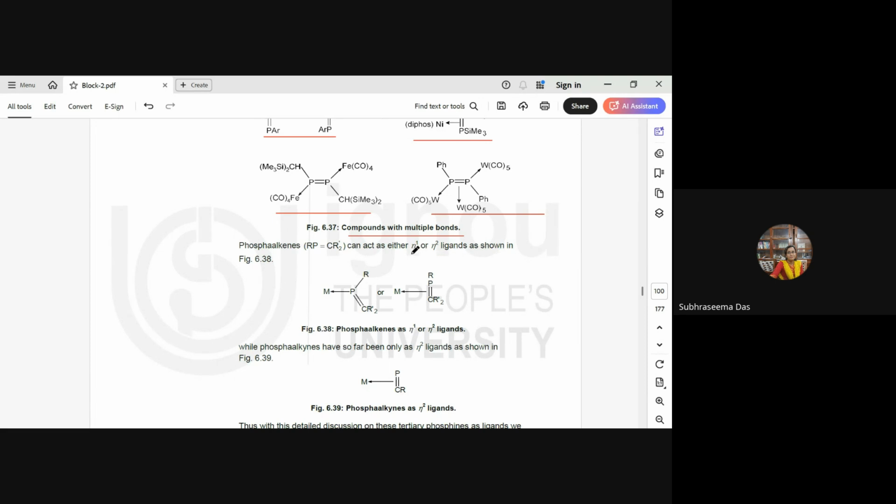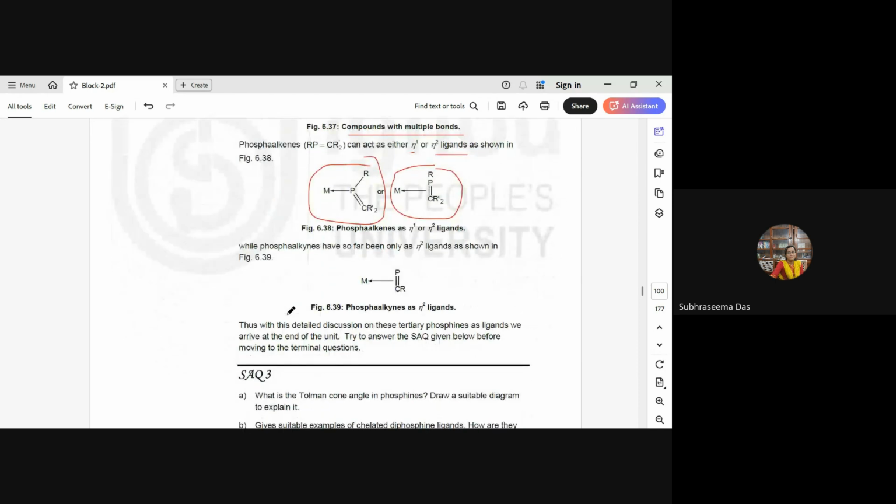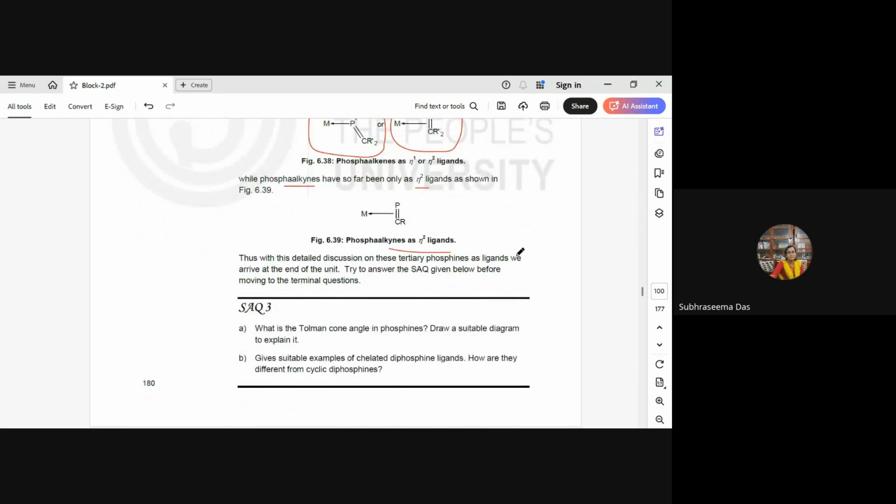They act either as monohapto or dihapto, as shown here. In this case they act as monohapto, but in this case they act as dihapto. Phosphoalkyne ligands are also known, but they always form dihapto complexes, as shown here.